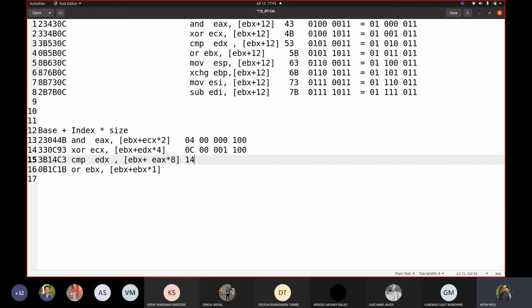So this is 1, 4. So 0 0 0 1 0 1 0 0, correct? If I write this way, now you have to tell me what you are seeing as a common thing. 0 0 0 1 1 1 0 0.